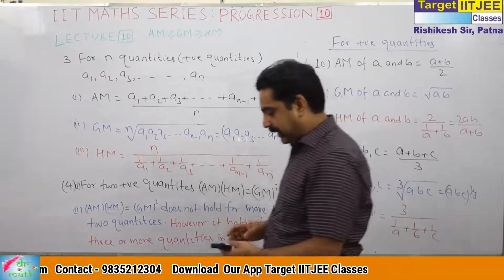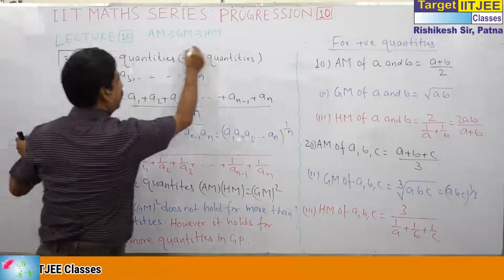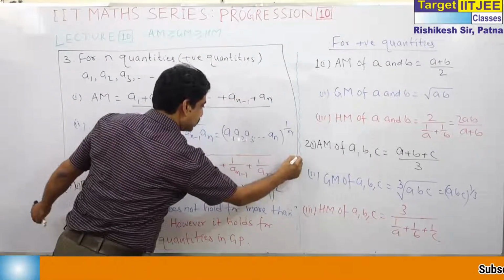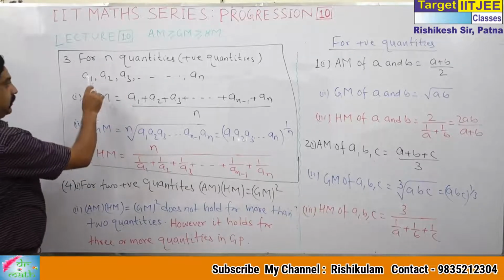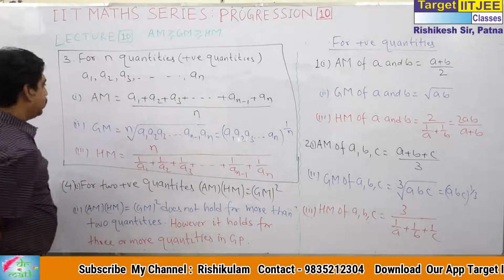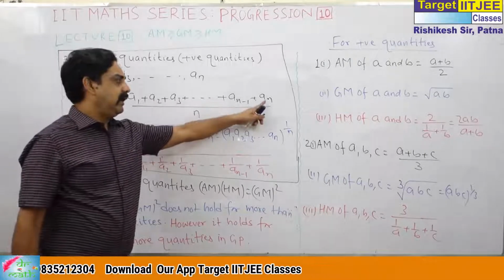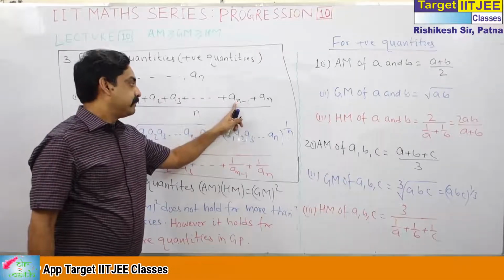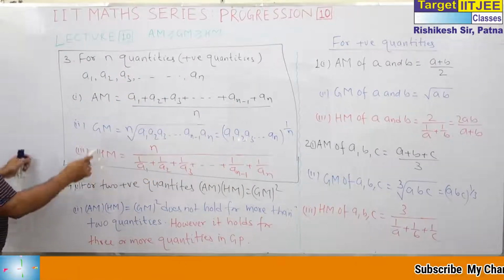Now this is the main part. For n positive quantities a1, a2, a3 up to an, the arithmetic mean is the average, a1 plus a2 plus a3 up to an divided by n.